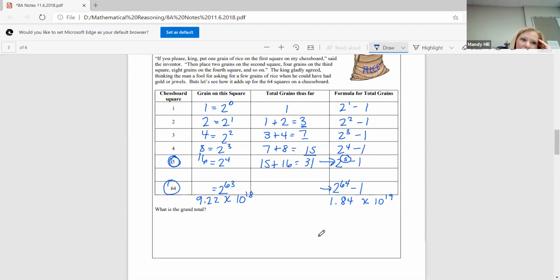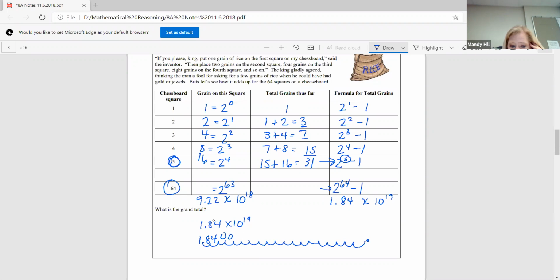And some of the parents actually fell for it because, look, if you do this for 64 days and we pretend this is pennies and not rice, this is the total. This is our grand total, 1.84 times 10 to the 19th power. Well, if we change that to regular notation, we know that we're moving our decimal 19 times. So that's 1, 2, 3, 4, 5, 6, 7, 8, 9, 10, 11, 12, 13, 14, 15, 16, 17, 18, 19.